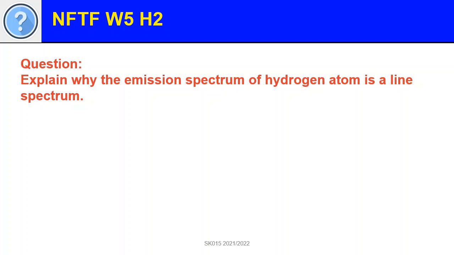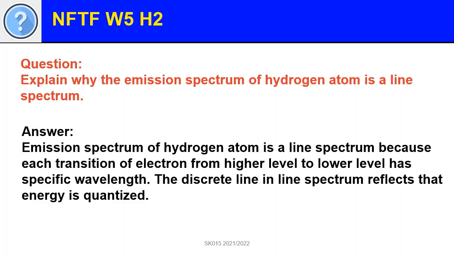Because each light yang dihasilkan daripada emission of energy itu, they have their own frequency and also wavelength. But to put it in words, ini adalah ayat dia. Emission spectrum of hydrogen atom is a line spectrum because each transition of electron from higher level to lower level has specific wavelength.